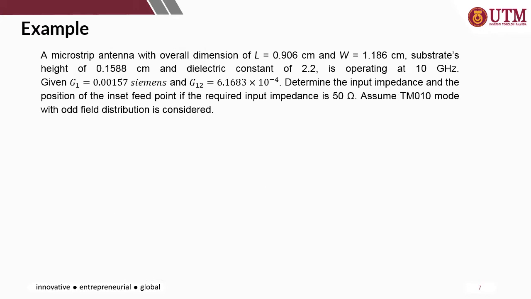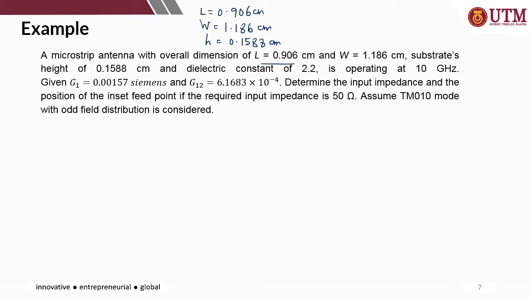Okay, let's have a look at an example. A microstrip antenna with overall length equal to 0.906 cm, and then the width is 1.186 cm, and the height of the substrate h equal to 0.1588 cm.